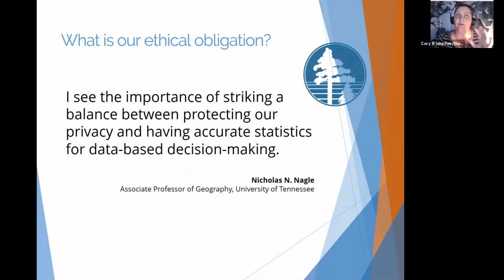I think that's a very hard question at times. If you have to anonymize things, you could actually skew the accuracy of your location information. Is that worth the privacy that you're giving to others?